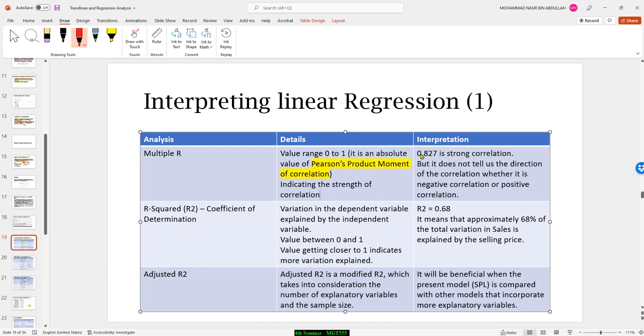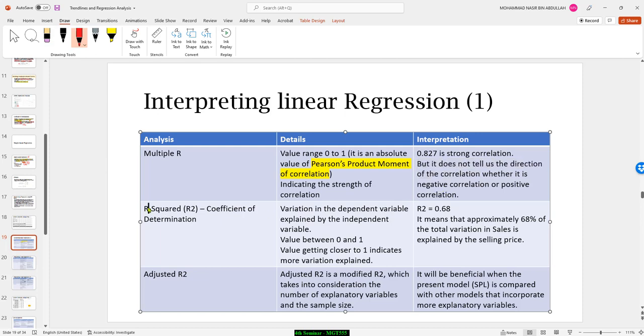But 0.82 is a strong correlation, but it does not tell us the direction of correlation, whether it's a positive or negative relationship. So we need to refer back to the scatter diagram to know whether it's a positive or negative relationship.